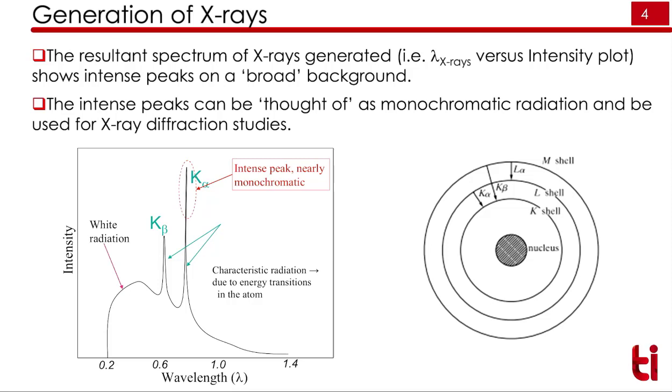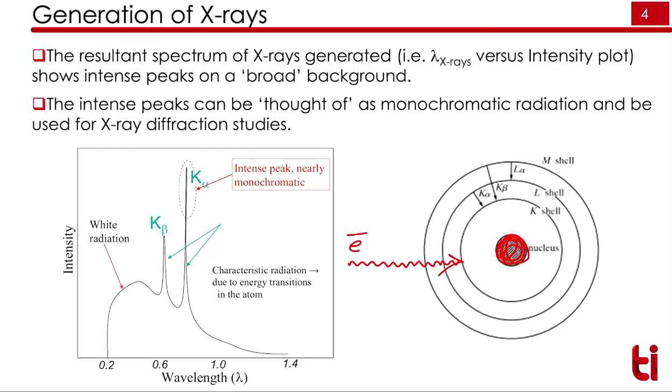As I told you, deceleration of an electron inside a target or a metal gives X-ray. Here we assume a case. We have a nucleus, and we have the K shell, L shell, M shell, and so on. There are many shells. Our electron gets targeted on the K shell.